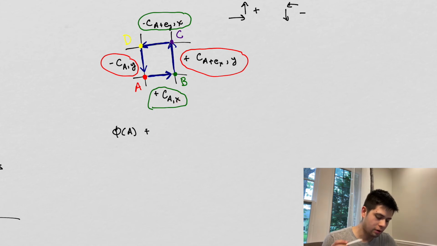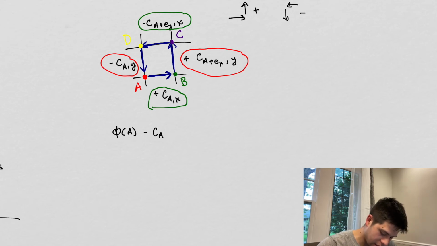So what this ends up being is a minus sign CA, plus EY x plus CAX. Right. Oh, whoops.